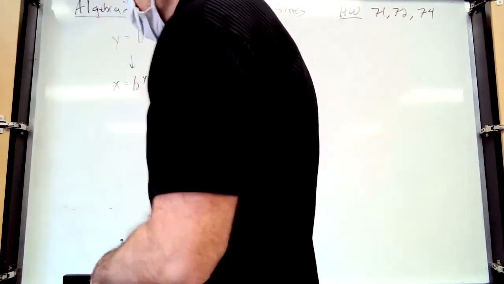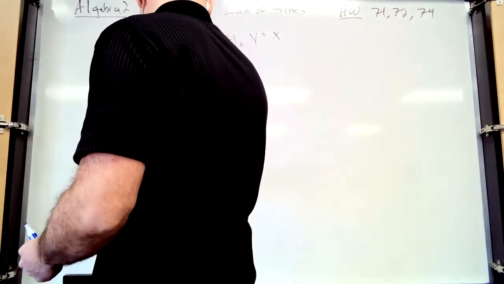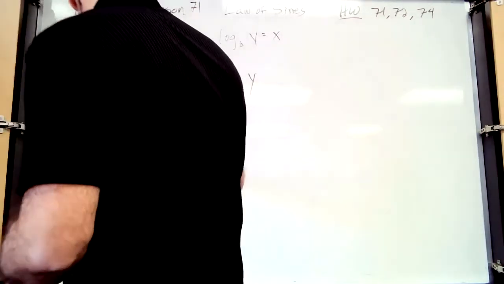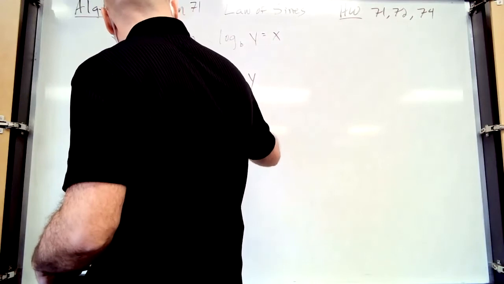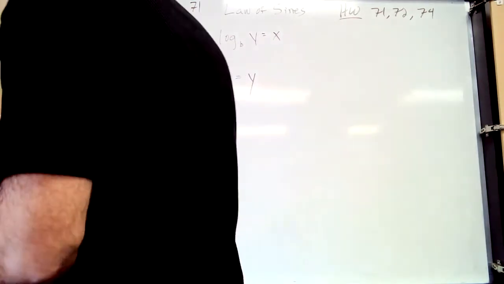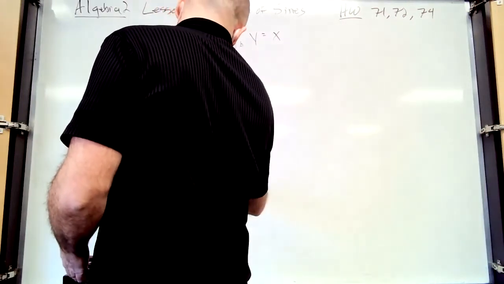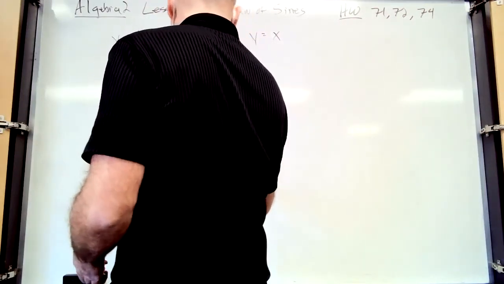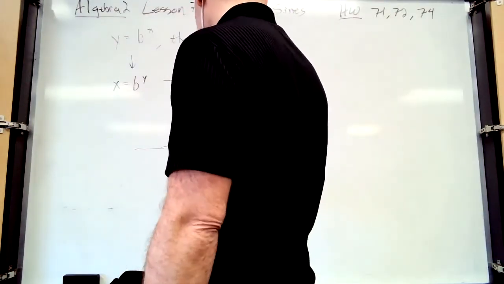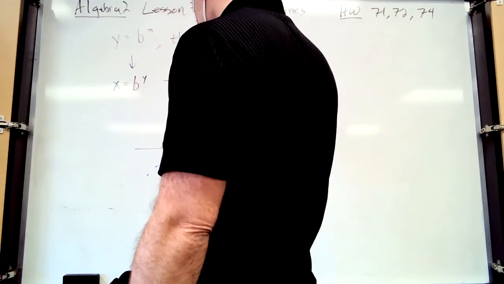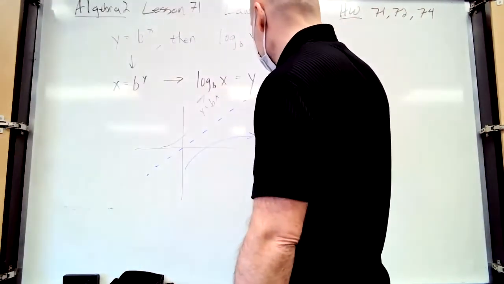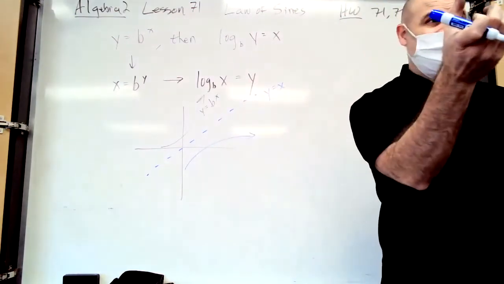So the way that looks on a graph, so if this was y equals b to the x, then this is what the inverse looks like. Oh, that was drawn badly, but kind of get the idea, because this is the line of reflection. Whenever you have an inverse, that's y equals x, which makes sense because you're just swapping the y and the x.